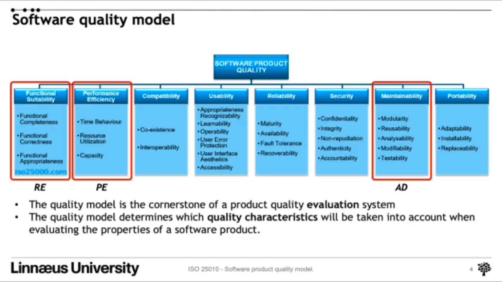This doesn't mean that all the other quality attributes are not important, but we cannot cover everything, so we decided to cover the ones that we consider most important for this course, which is about design.